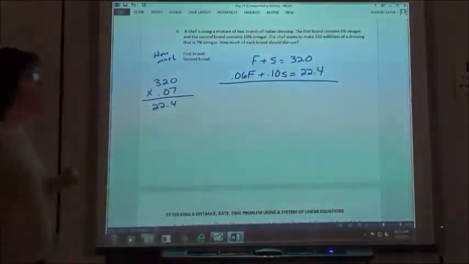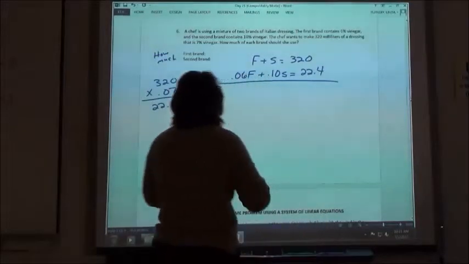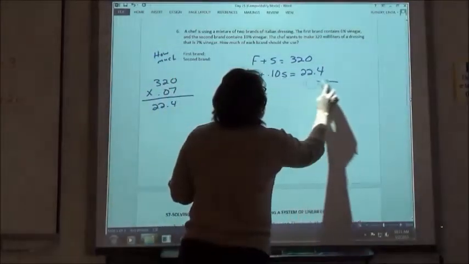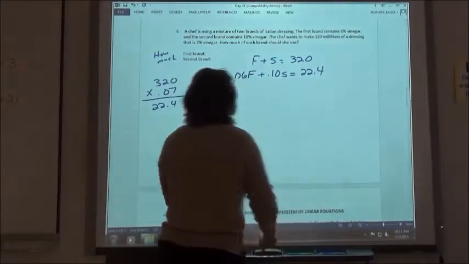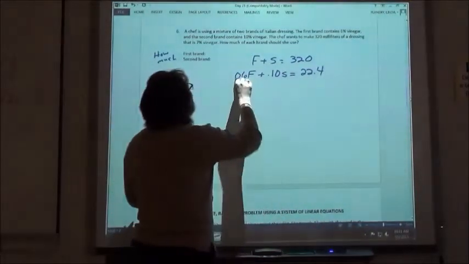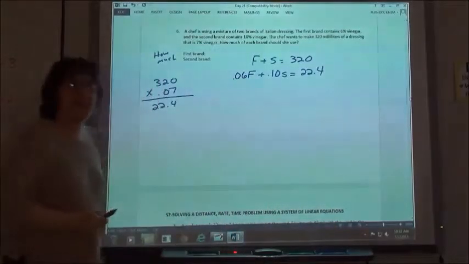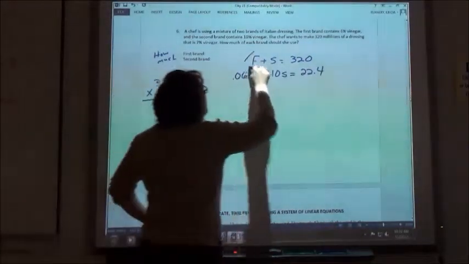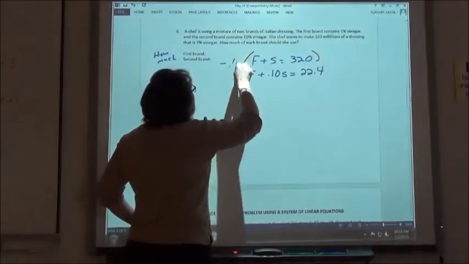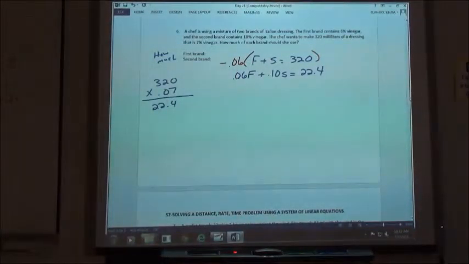The 7% is not very much, right? So if I want to get rid of my F's, I'm going to multiply the top equation times negative 6%, or negative 0.06, so that I have opposites in front of my F's.